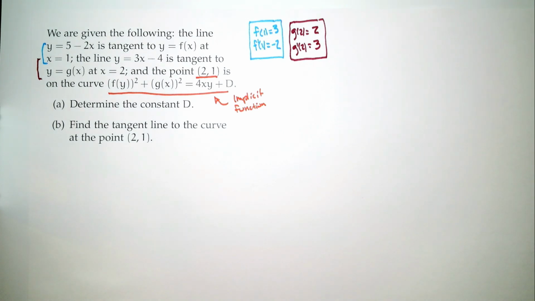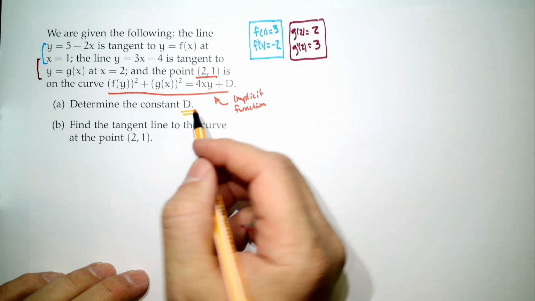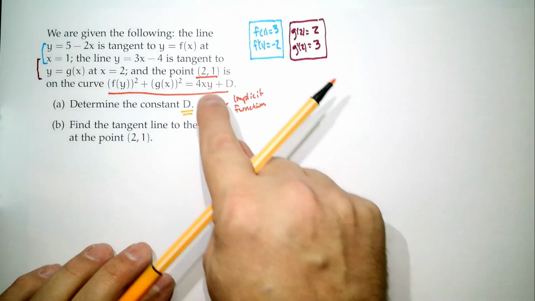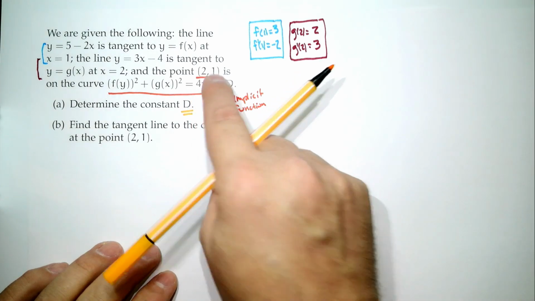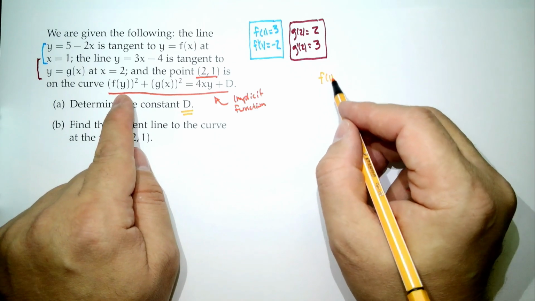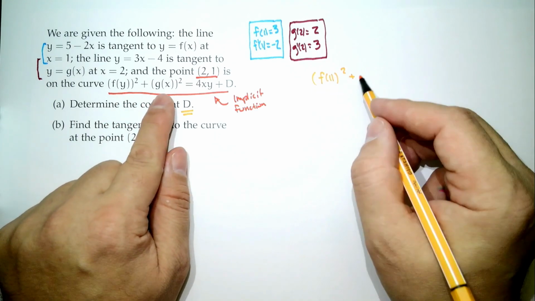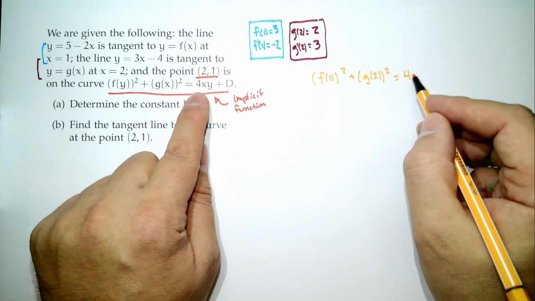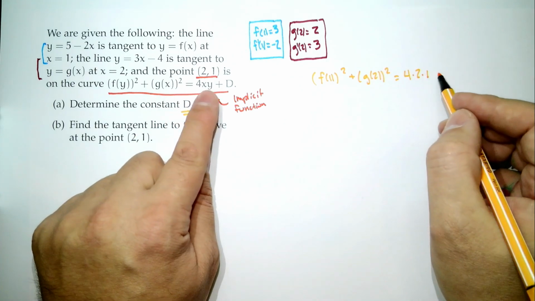So for part A, what's this d? How do we find it? We want to plug in x equals 2, y equals 1. So we would have f of 1 squared plus g of 2 squared equal to 4 times 2 times 1 plus d.